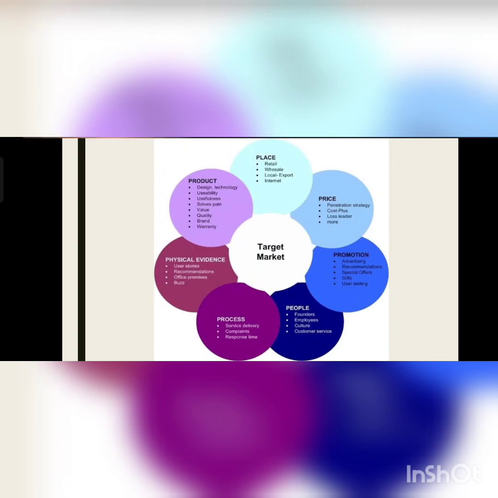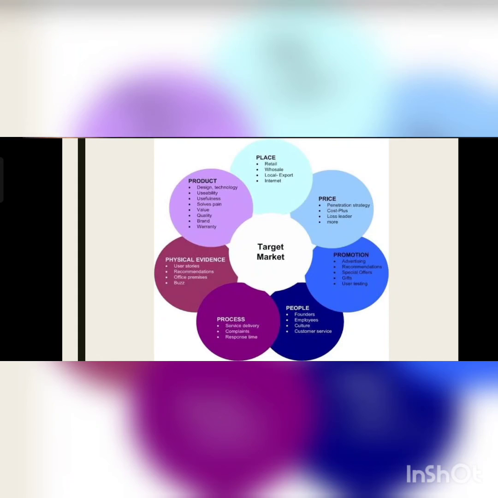So it is all being discussed in the unit of price. Then you have promotion, what strategies do you use to promote your business, what kind of advertising do you use. Then you have the people, what are the different kinds of people involved in your business, whether it's the founders or the employees or the employer, the customers.